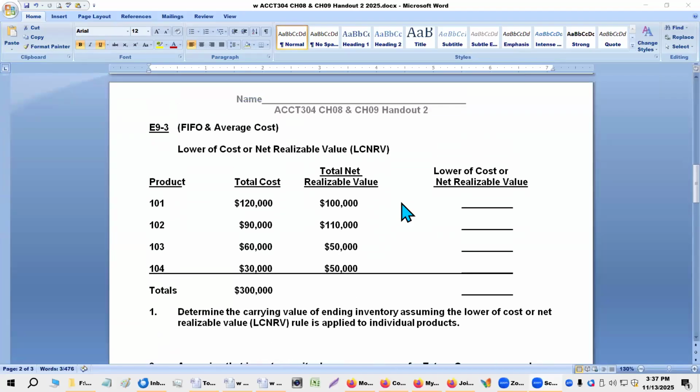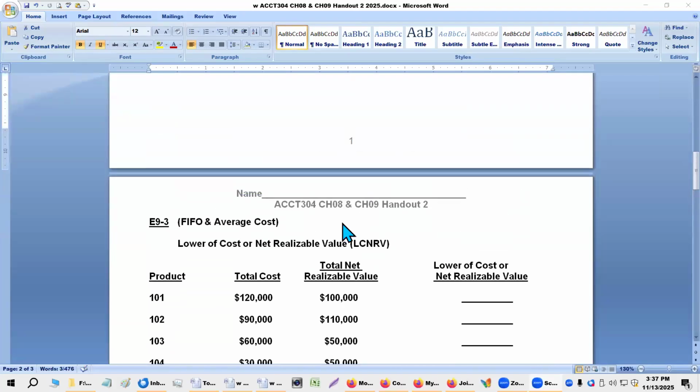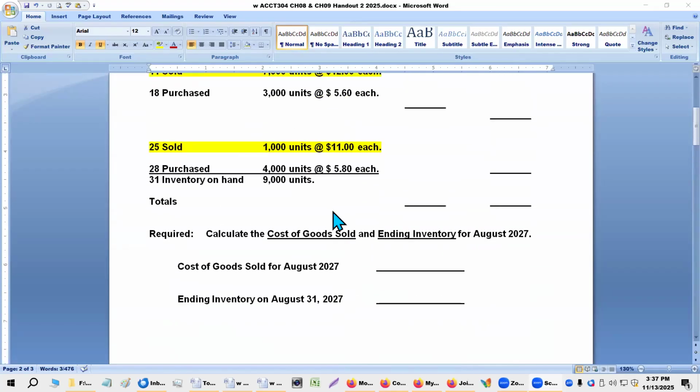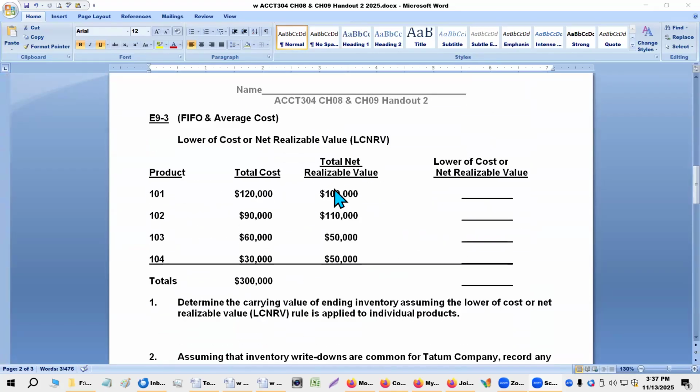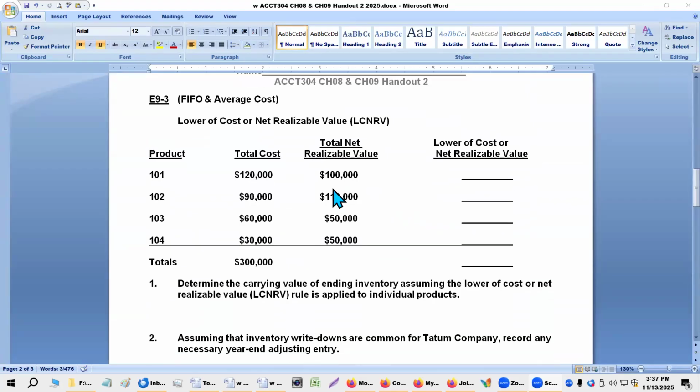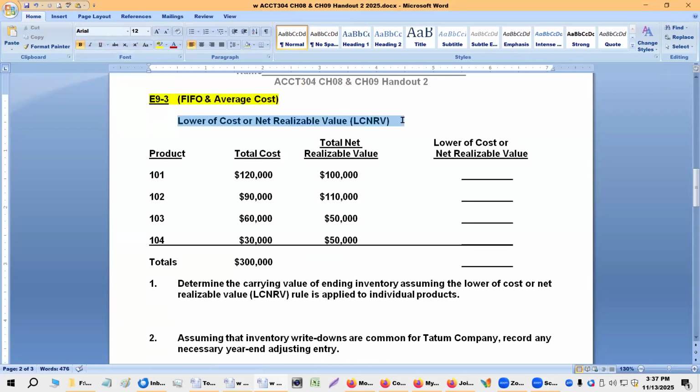Okay, so let's go to handout number 2. Let's go to page 2, and the lower of cost or net realizable value.